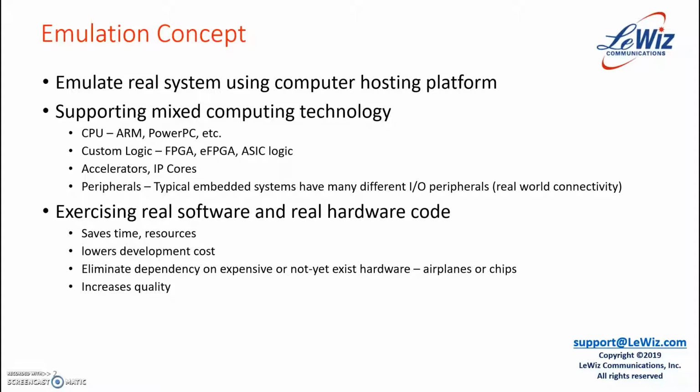So an emulation system of embedded systems allows you to exercise real software and real hardware code. What that does is it saves time and resources, lowers the development cost, and eliminates the dependency on expensive or not yet existing hardware.